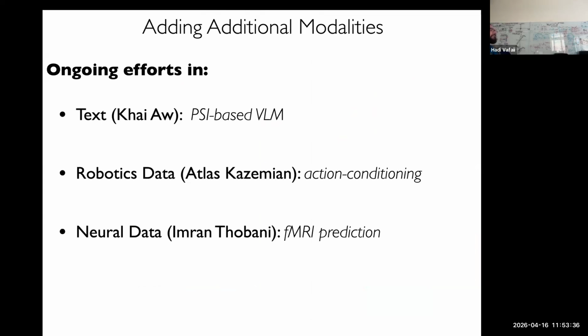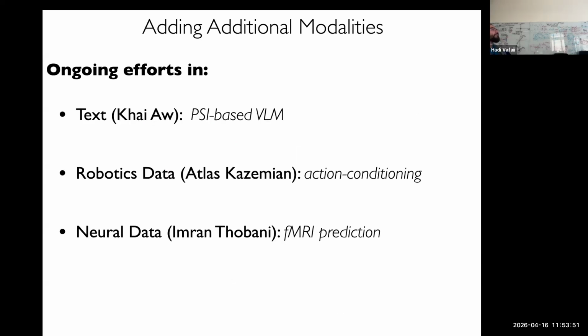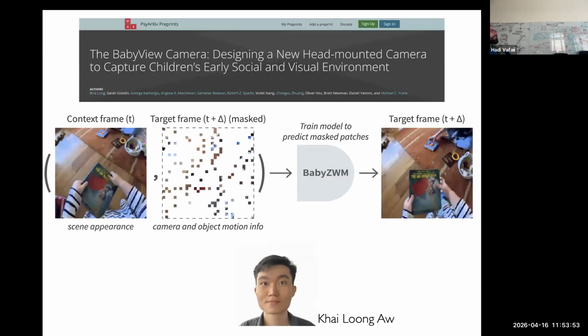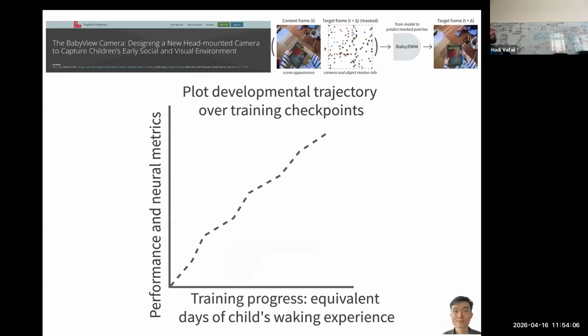But of course, the tokens don't have to just be vision. They can have text tokens, so that's a VLM based on this, or it could be robotics data, action conditioning, or neural data. In fact, you can take neural data and stick it in as a token. I'm not going to talk about the details of it, but I will tell you a little bit about Kai's paper. I think Kai forwarded it. Basically, the idea is something like what I just told you was applied to the SAYCam, or now the BabyView data, and it was trained with one epoch, just one epoch through the data in order, right?